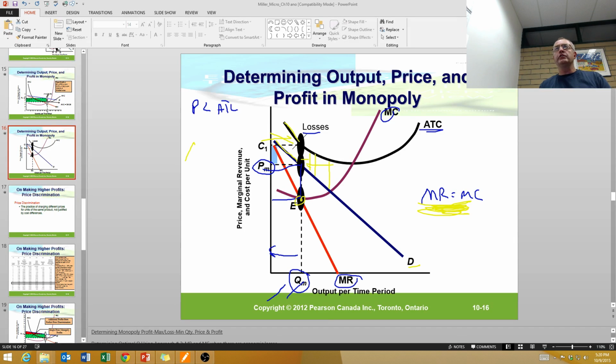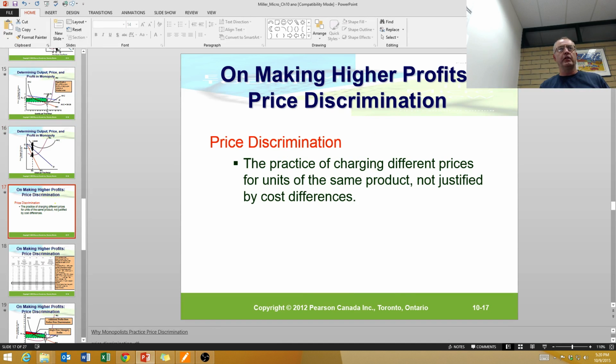Okay, so the next section deals with why do monopolists practice price discrimination? So price discrimination is where the vendor charges different customers different prices for the same products.